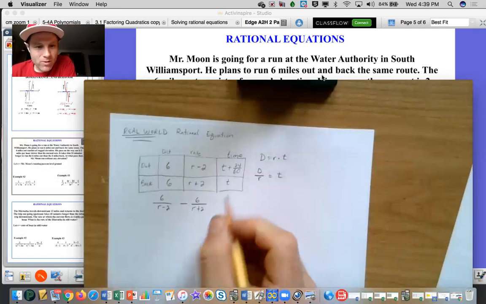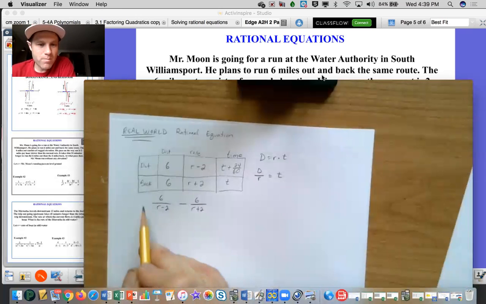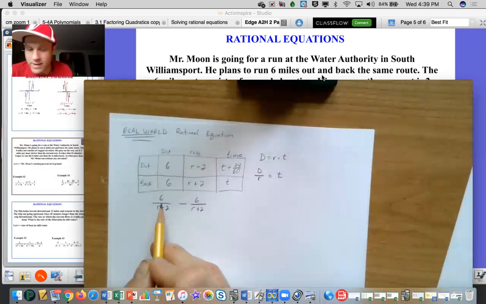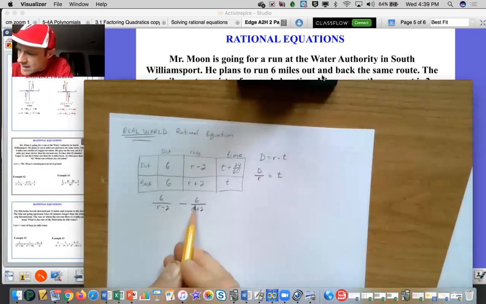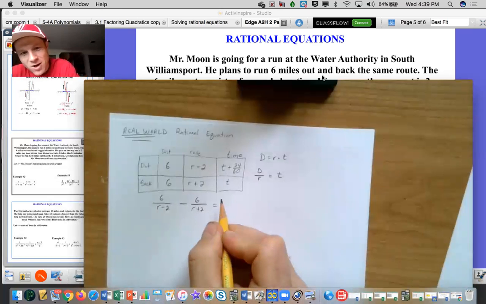The reason we're doing it this way is that it's going to take me longer to go out because I have to go up that hill, remember? So the bigger one minus the smaller one has to equal the bigger one minus the smaller one, right?